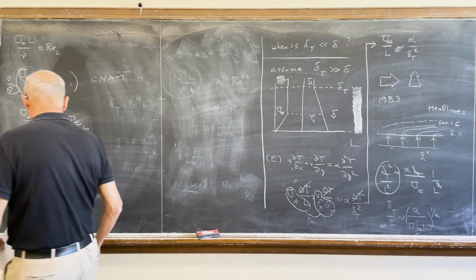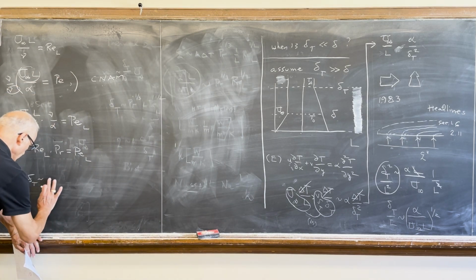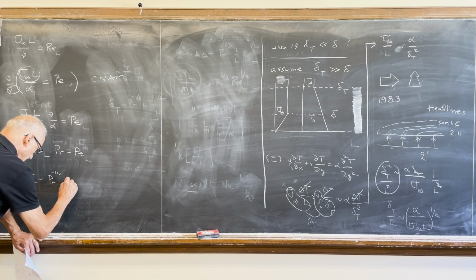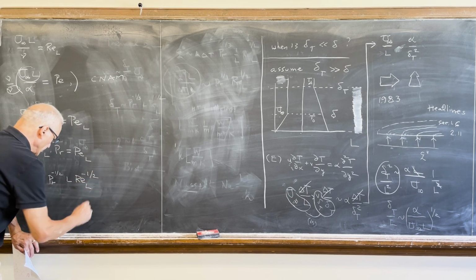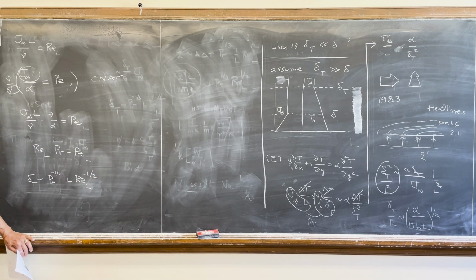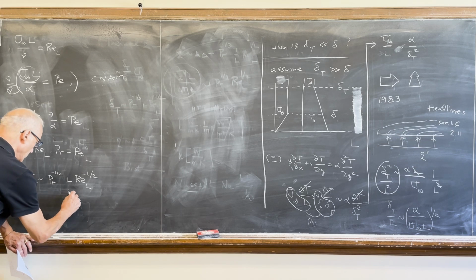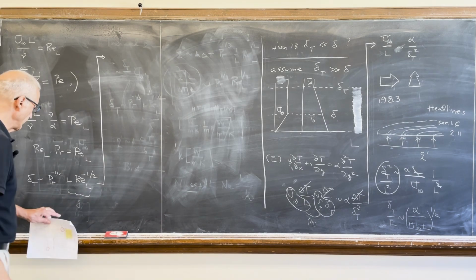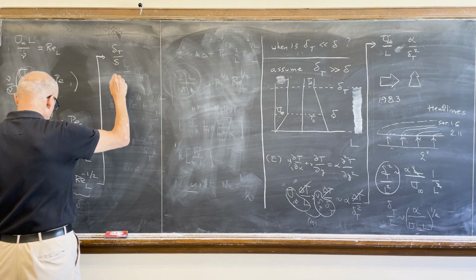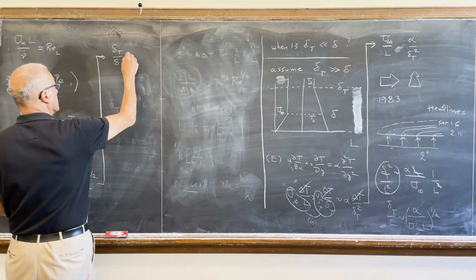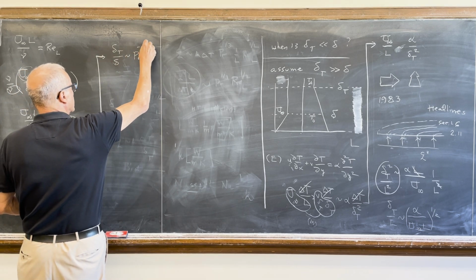So here we put, let me do it this other way, Prandtl to minus 1/2, then L, Reynolds to minus 1/2. And this was the old delta. If I divide by delta, it turns out to be Prandtl to minus 1/2.